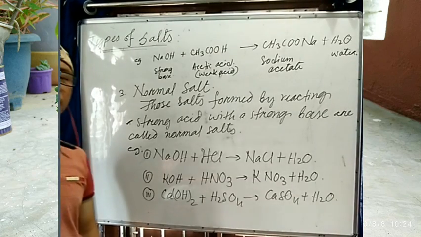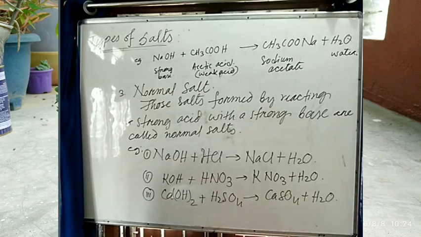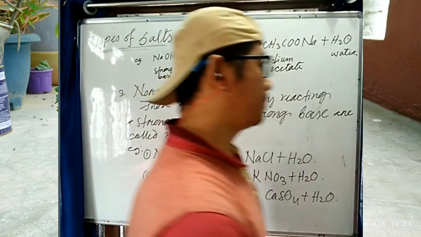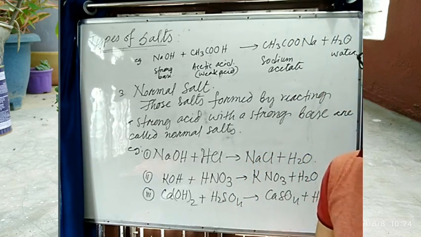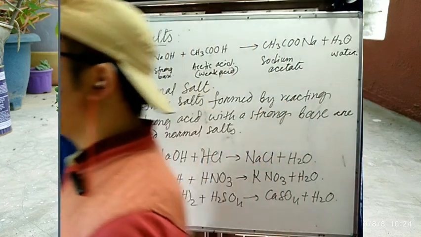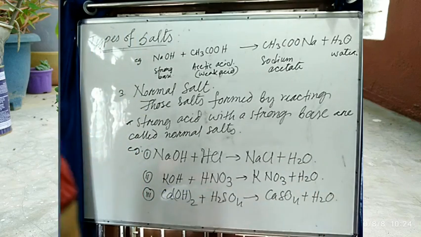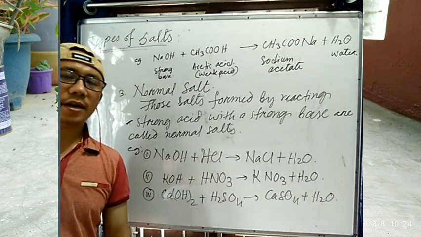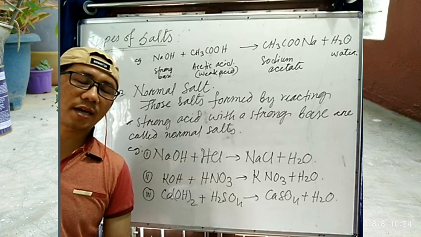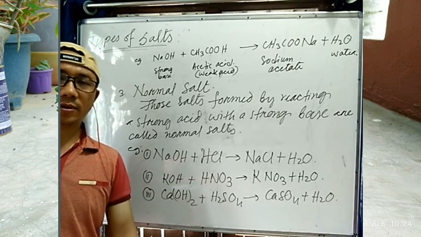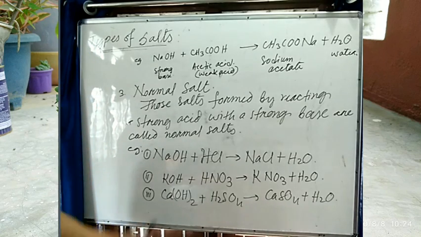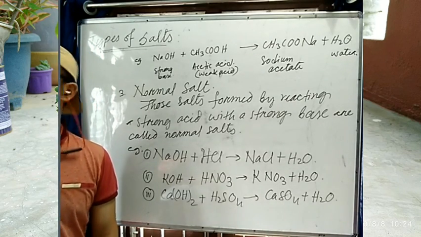I have given you the neutralization reactions as an example, along with the definition. A reaction in which an acid reacts with a base to form salt and water is called a neutralization reaction. We already learned this, right?